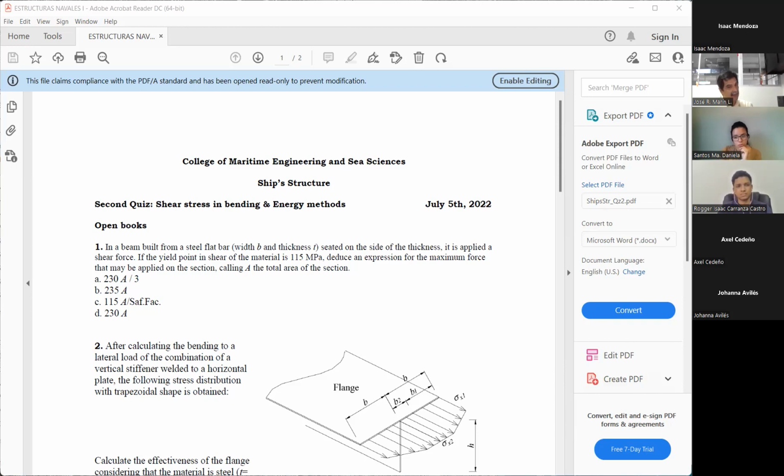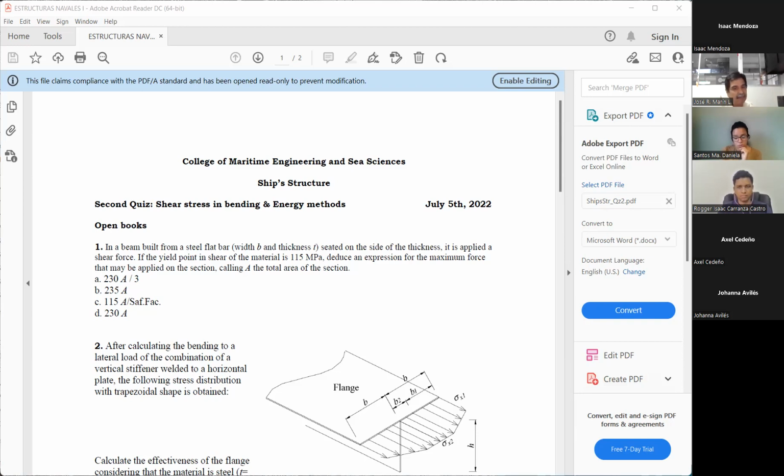What I did was I made a mistake when I did the test, because instead of divided, it was supposed to be multiplied. I typed it incorrectly. Okay, I'll give you credit for that, and I will review that after class.